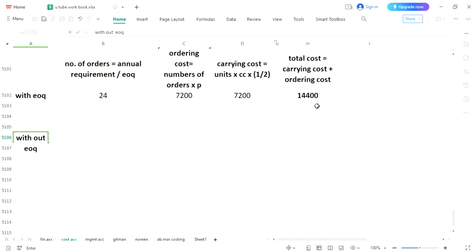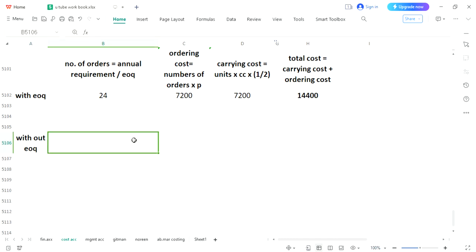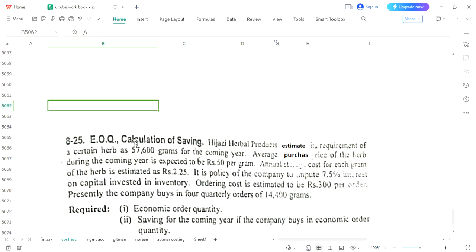So what will happen? Cost without economic order quantity should be more than the cost we have just calculated with economic order quantity. So here we will go back to the question and see, if economic order quantity is not followed, how many orders were supposed to be given.